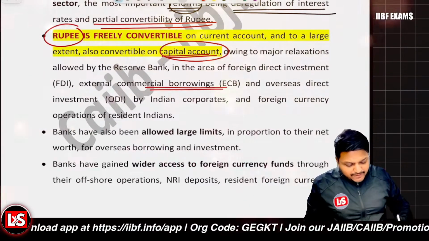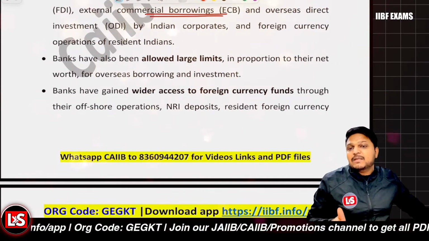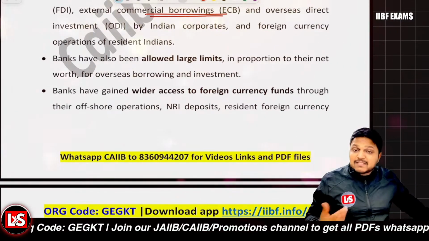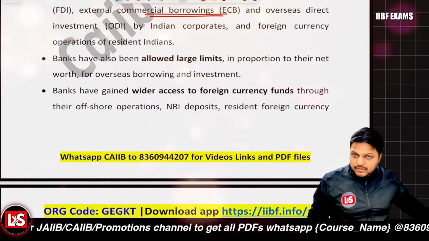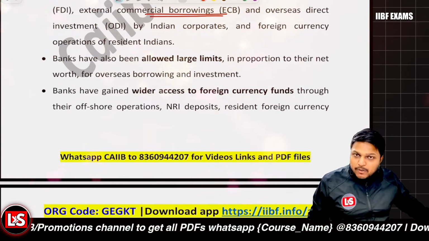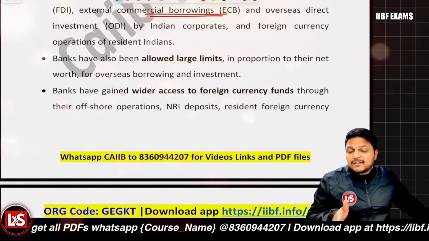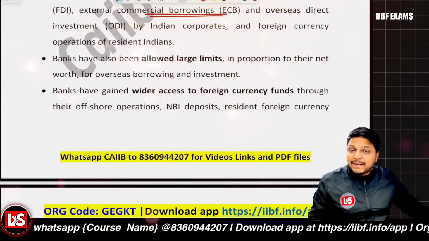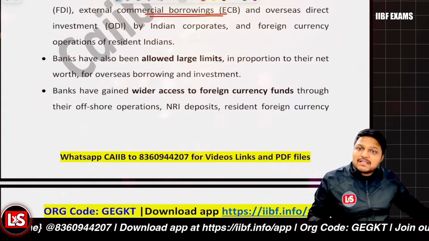And further, larger limits are now available with the banks. Banks are permitted to undertake overseas borrowing, borrowing abroad, and they can also invest money abroad. They have the freedom related to it. Banks now have access to foreign currency funds, and those funds are available at a competitive rate.